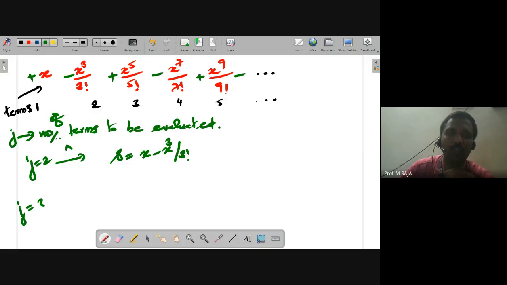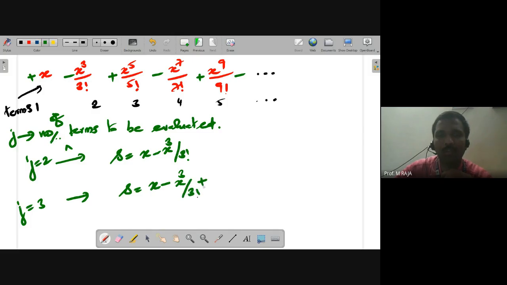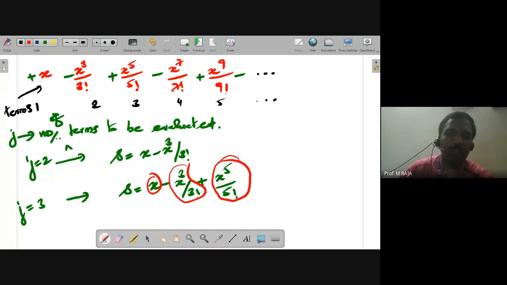Suppose j is equal to 3, we need to evaluate s is equal to x minus x cube by 3 factorial plus x power 5 by 5 factorial. That means the first three terms are to be considered: first term, second term, third term.